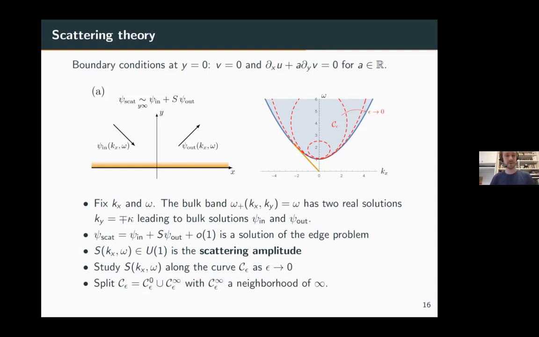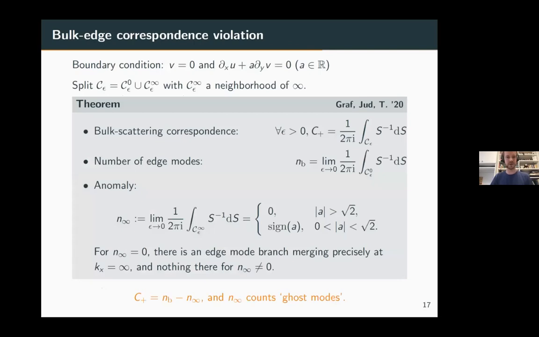Okay, so with all that, which was a lot, let's see what is the main result. So why is this scattering theory useful? So the first result, basically, we will look at the change of argument of this phase along this C epsilon curve. First of all, the first result tells you that you fix any epsilon positive, not even in the limit, and you look at the winding number of S along this curve.